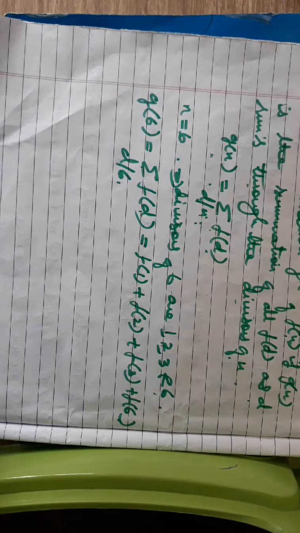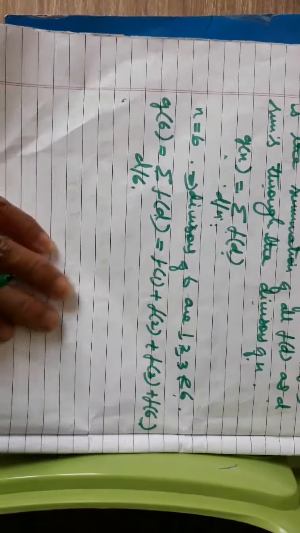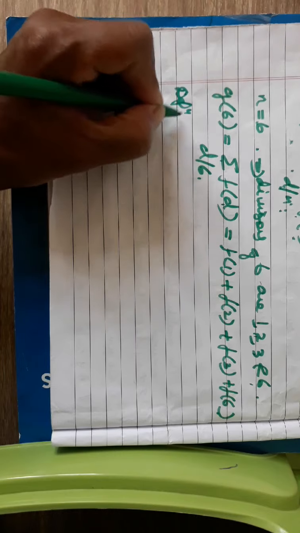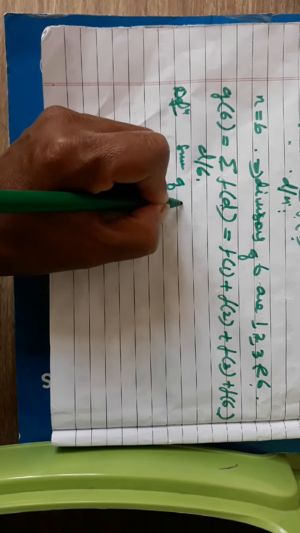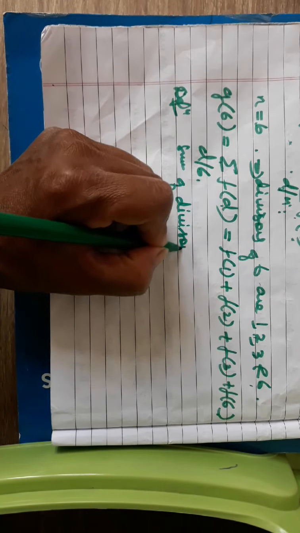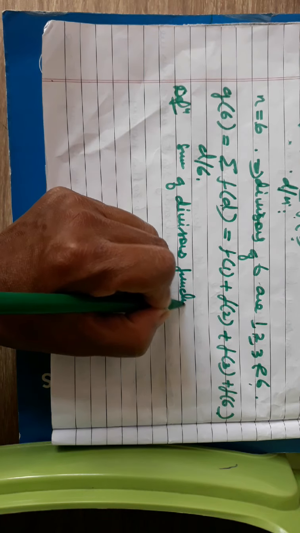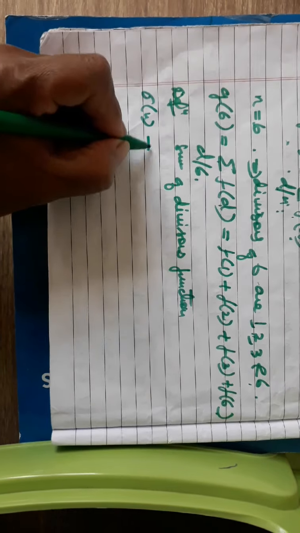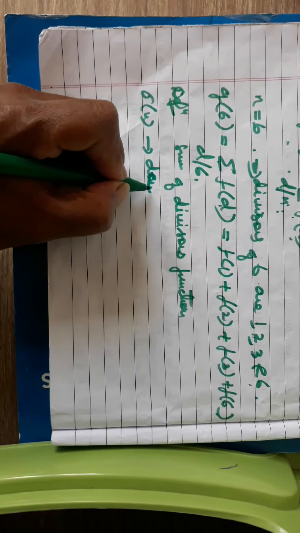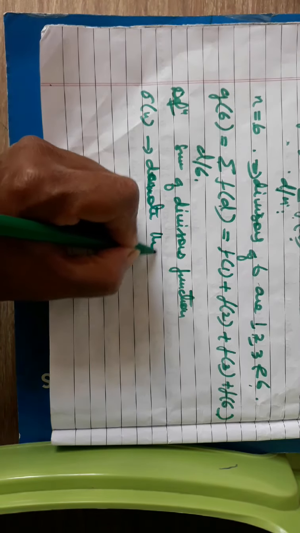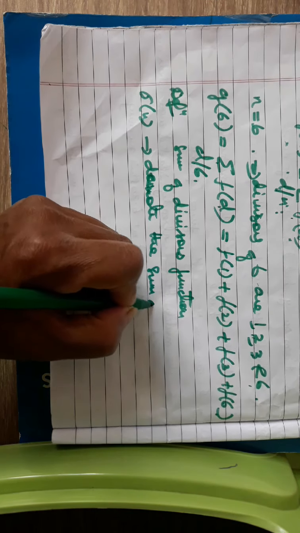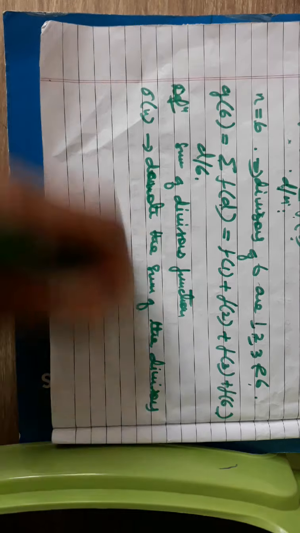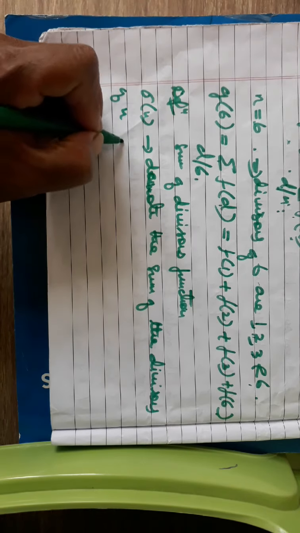The next definition we come to is the sum of divisors function. Here we denote by sigma of n the sum of the divisors of n.